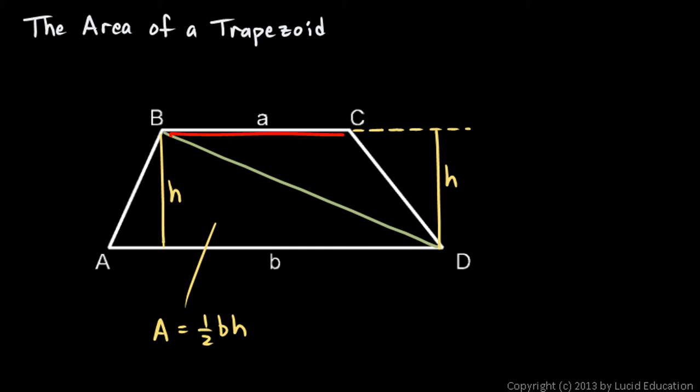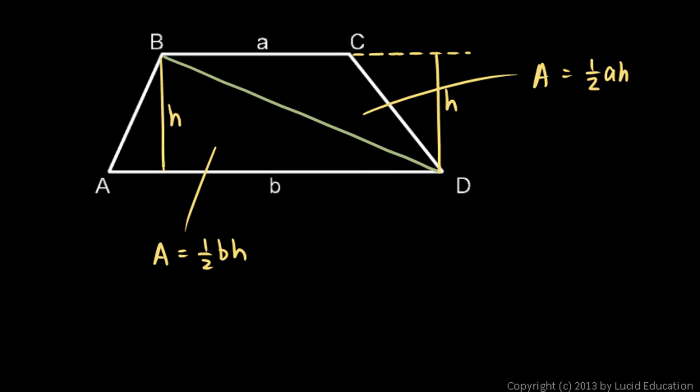And so we have a base and a height for this triangle, but for this triangle the base is length A. So the area for this triangle is 1/2 A times the height. Now those two added together will be the area of the trapezoid. So the area of the trapezoid, therefore, is 1/2 BH plus 1/2 AH.